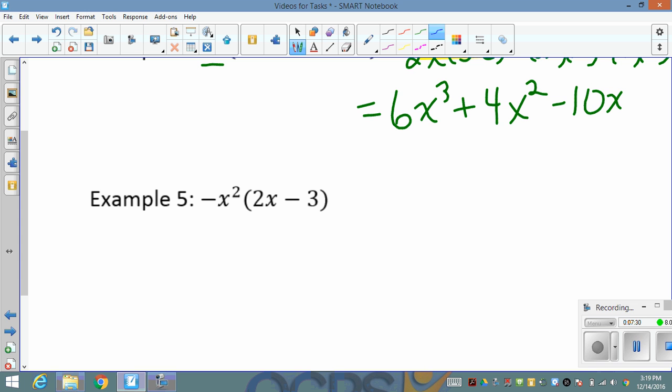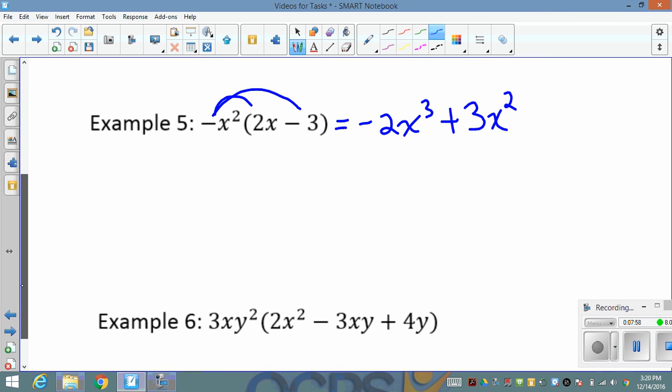All right, so here we go. Negative x squared times 2x. Negative 1 times 2 is negative 2. X squared times x is x cubed. Negative x squared times negative 3. Negative 1 times negative 3 is a plus 3. And then the x squared, there's not anything else there to multiply, so it's just going to stay x squared.